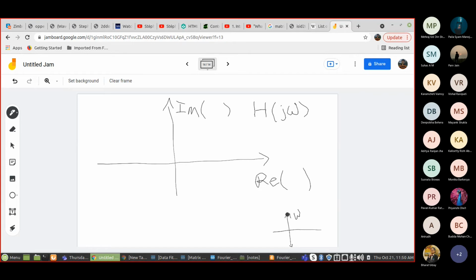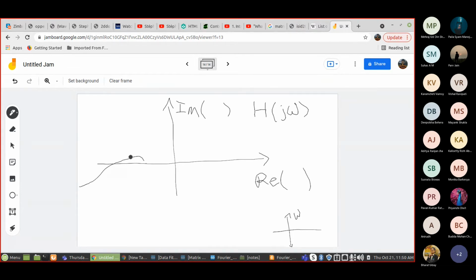Omega goes from minus infinity to plus infinity, and for each value of omega, you plot H(j omega) in this plane. You can start, let's say, from omega equal to 0. Maybe it starts from here, and maybe it goes on like this.